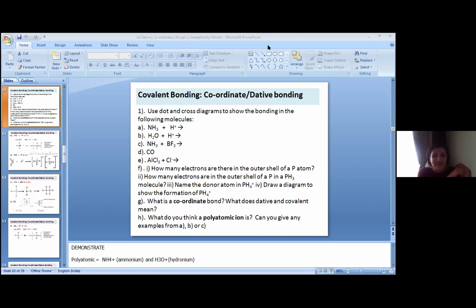So don't worry. First of all, you should write down the dot and cross diagram for H2O. And next step, you need to find the unshared electron pair on the dot and cross diagram, and then you add the hydrogen to this unshared electron pair.